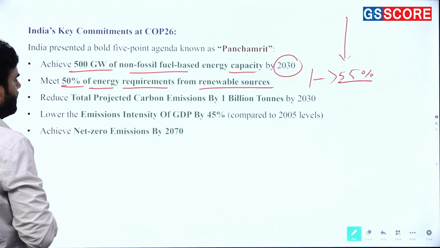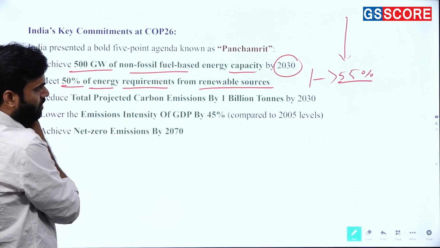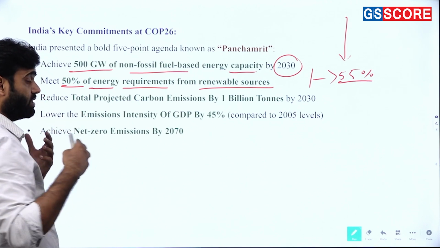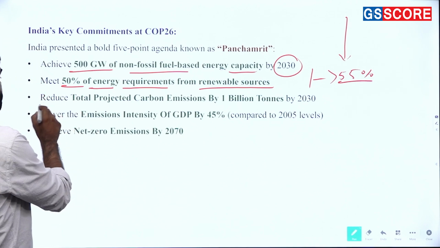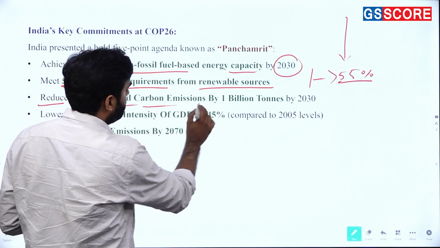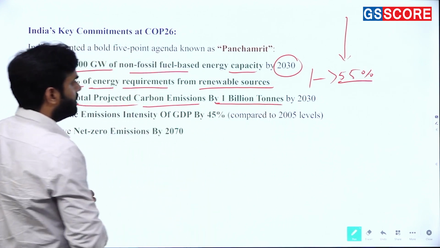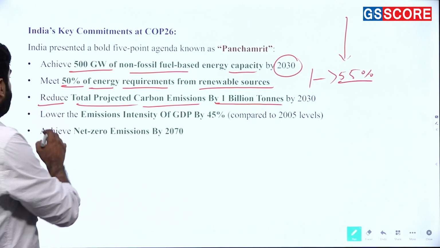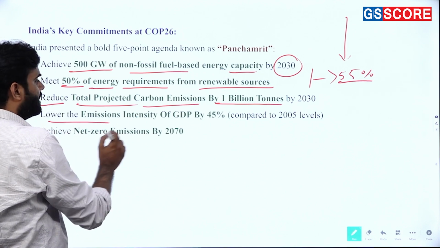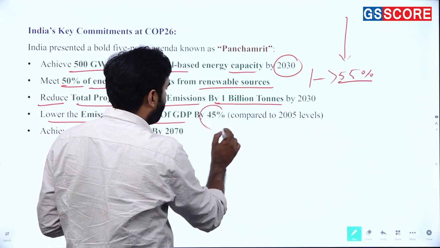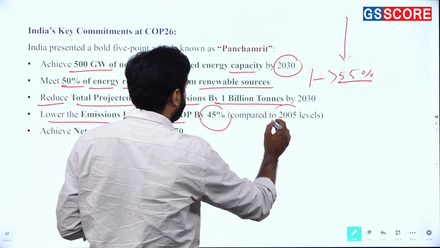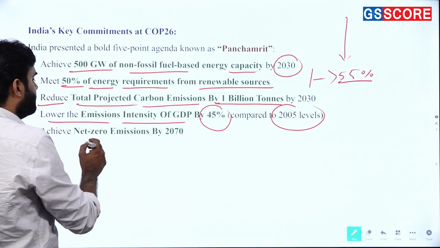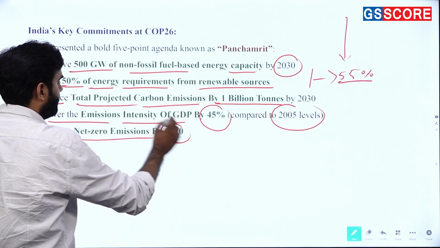This will increase, but now a further 20% increase has happened, almost 75%. Reduce total projected carbon emission by 1 billion tons by 2030. This is another important target. The fourth one, lower the emission intensity of GDP by 45% compared to the 2005 level. Achieve net zero emission by 2070.